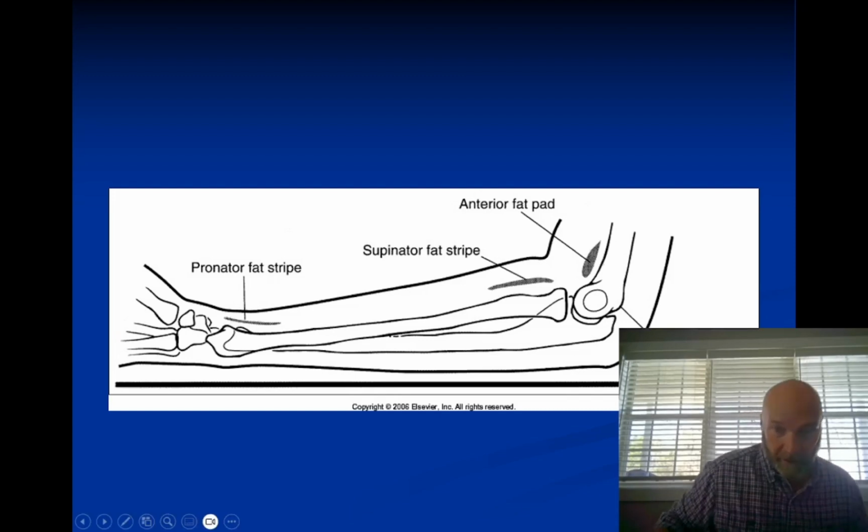So this is not your perfect diagram of a lateral of the forearm because we're not bent to 90 degrees. But what you see are all those things that we talked about before. So you see separation of your capitulum and your trochlea. So we've got rotation.